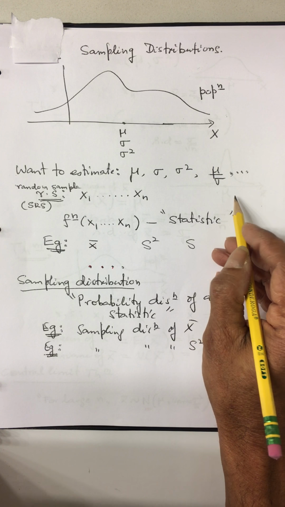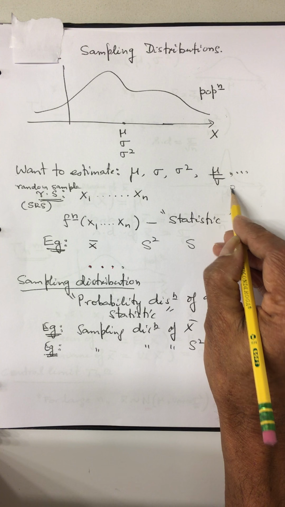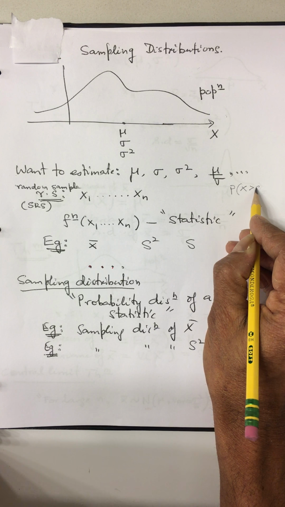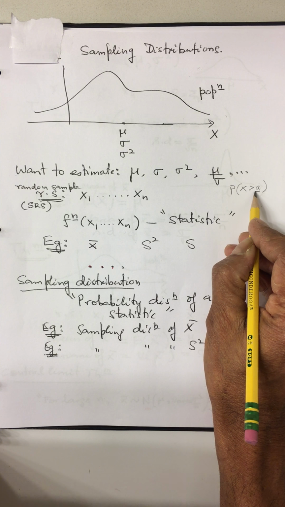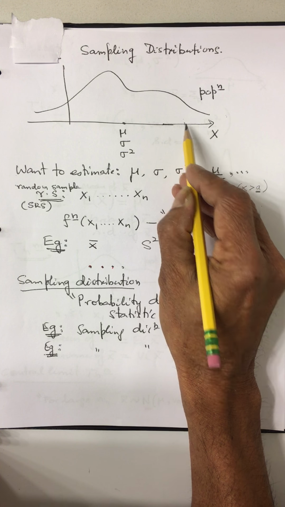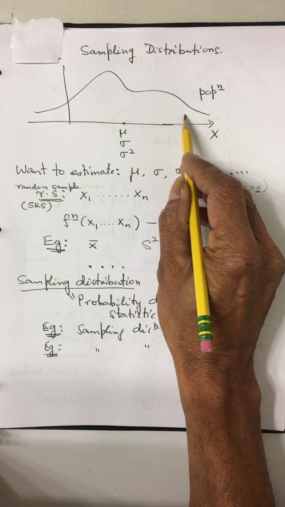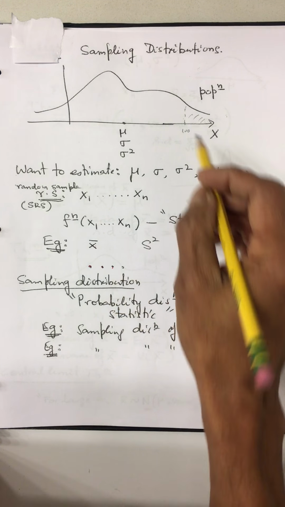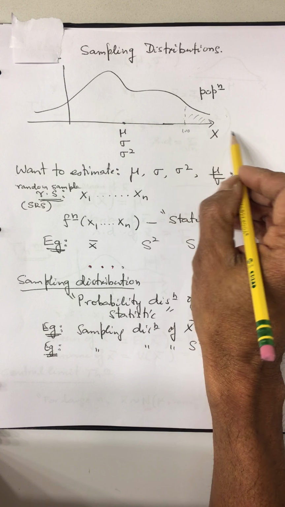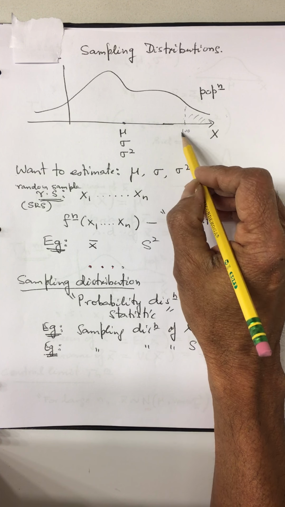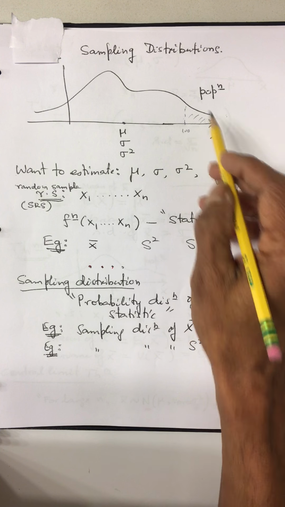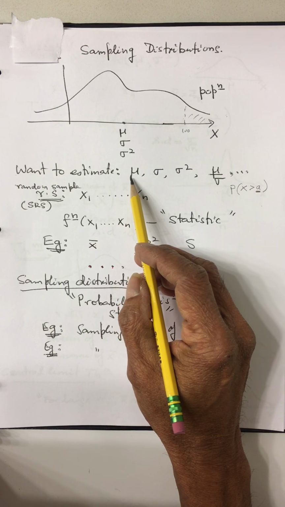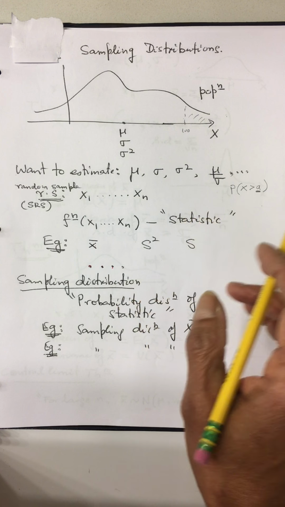Or sometimes you might want to estimate the chance that the random variable is greater than a certain number, like the area more than that. Like what is the chance that something is going to last more than 100 months. That goes with this area. So the bottom line is we want to estimate mu, sigma or sigma square or functions of that.